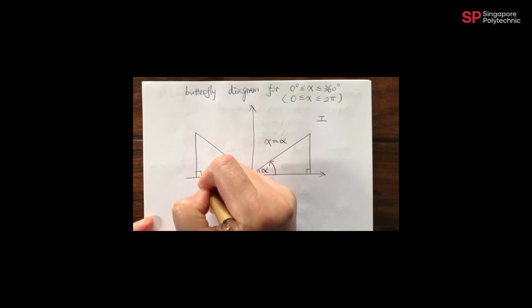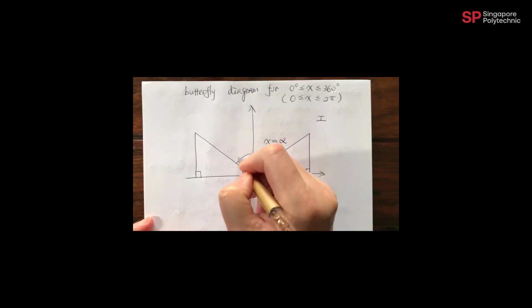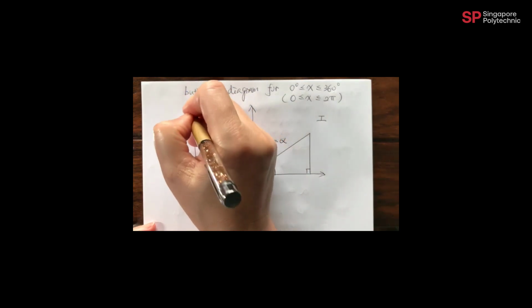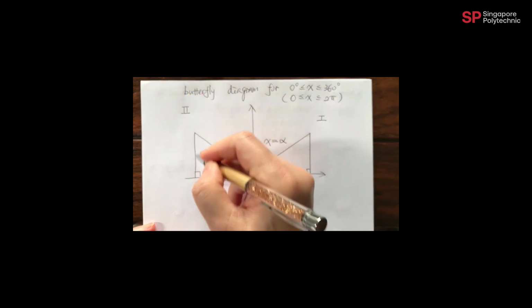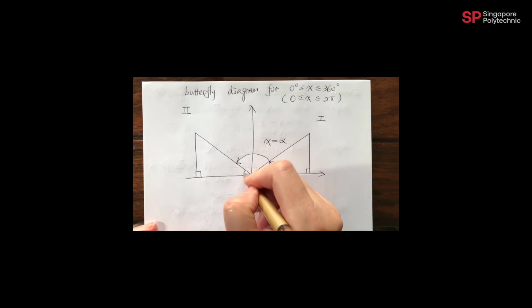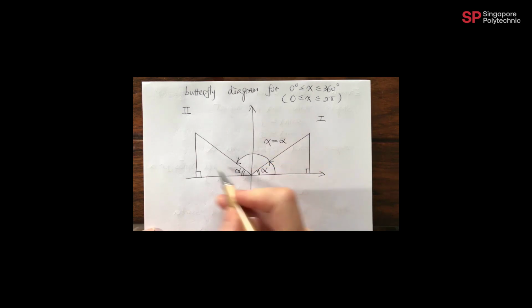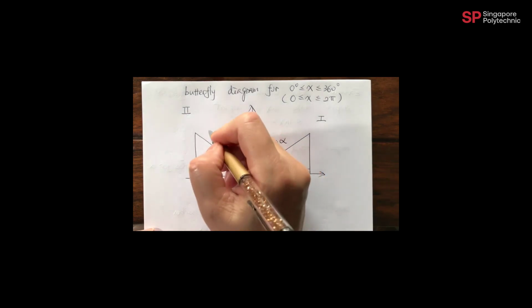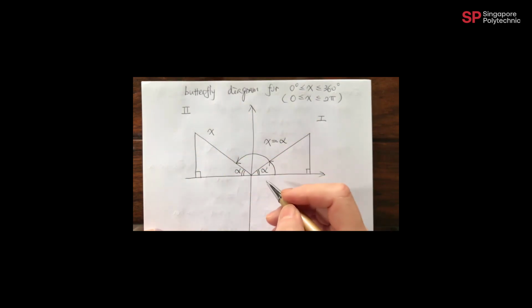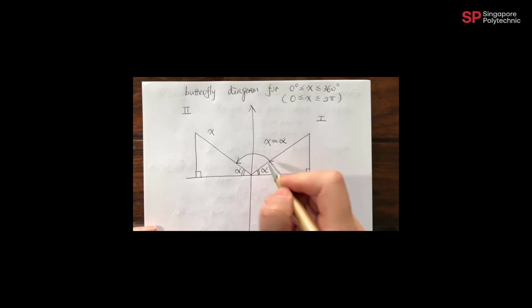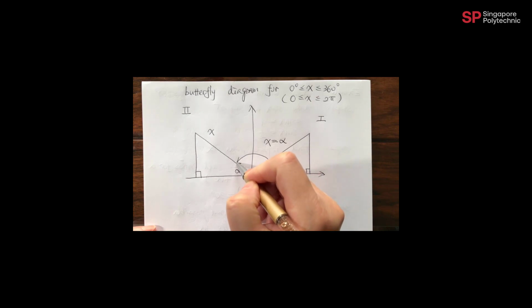Now if my angle x rotates all the way to this position, which is in the second quadrant, and after drawing this right angle triangle, my small acute angle alpha is here. That will help me to see the opposite and adjacent side. So my x is here. What we actually notice is, after rotating x and stopping here, if I let x plus alpha, it will give me half a cycle.